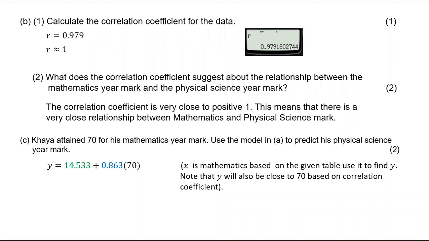As I've said, x is mathematics based on the given table. Use it to find y. Know that y will also be close to 70 based on the correlation coefficient.